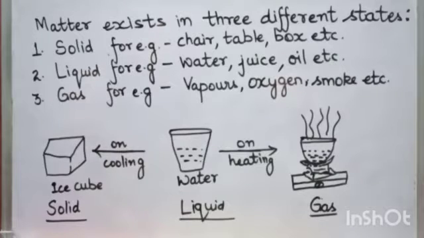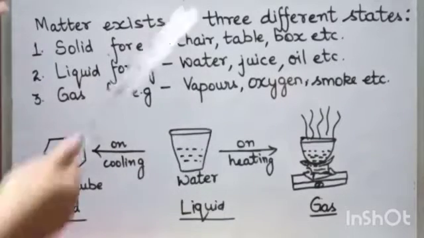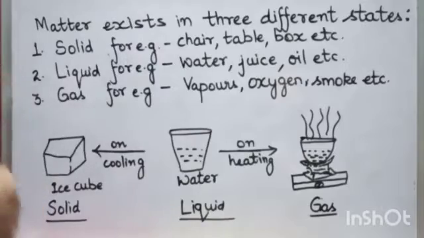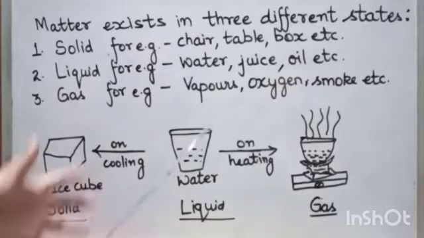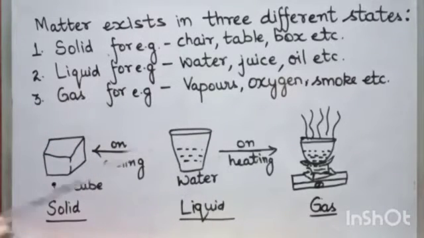Now there is one more thing, that these states of matter can change into other states of matter. That means they can interchange. Here is an example of water. Water is in liquid form. Now when we cool this liquid, then it changes its form. It changes into ice cube.